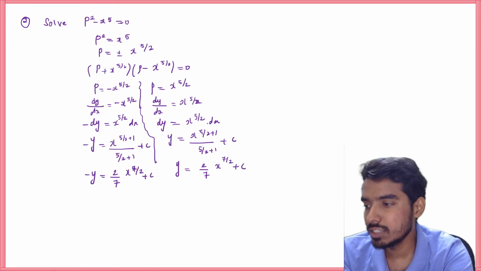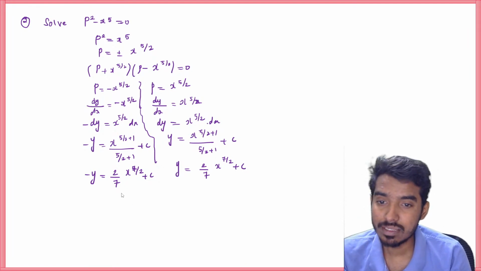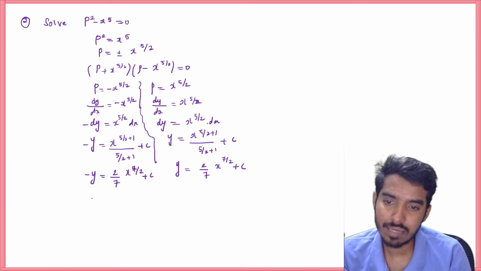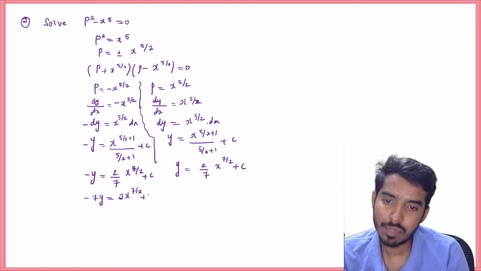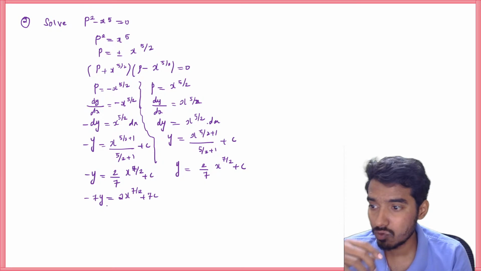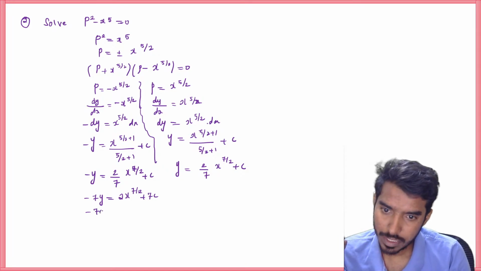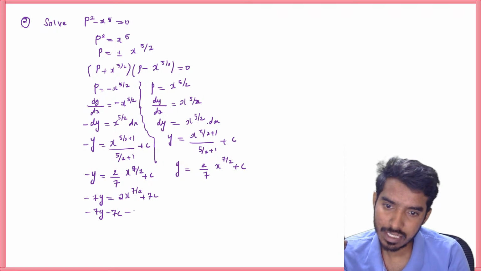So we have found the solution for each of the equations. Now you have to multiply them, right? So if I take this 7 to that side, we will have minus 7y is equal to 2x power 7 by 2 plus 7c, right? So if I take these here, we have minus 7y minus 2x power 7 by 2 minus 7c is equal to 0.